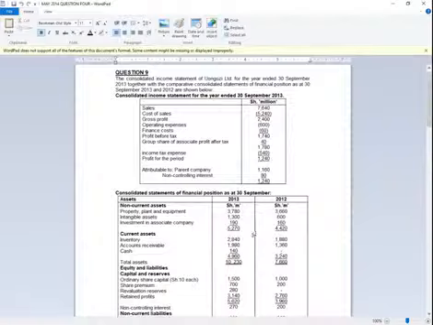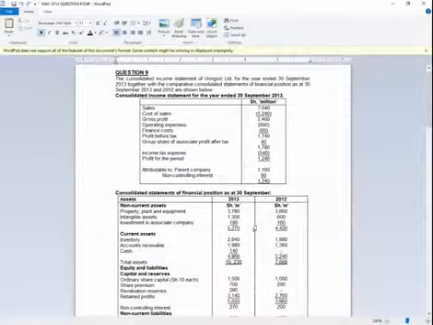We are told here the consolidated income statement of Physit Limited for the year ended 30th September 2013, together with the comparative consolidated statements of financial position as at 30th September 2013 and 2012, are shown below.